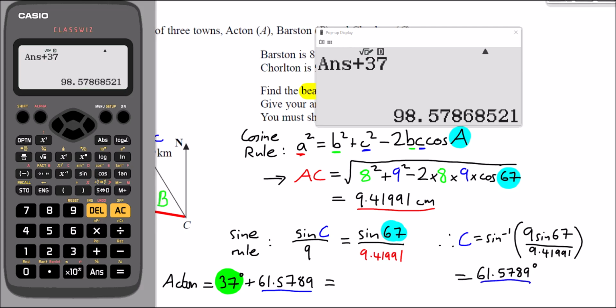So I get here 98.578. At this stage, we need to remember that bearings, before the decimal place, need to be 3 figures. Okay, so 98 wouldn't do. We need to say 098, then to give it to 3 sig figs, it would be 098.6.